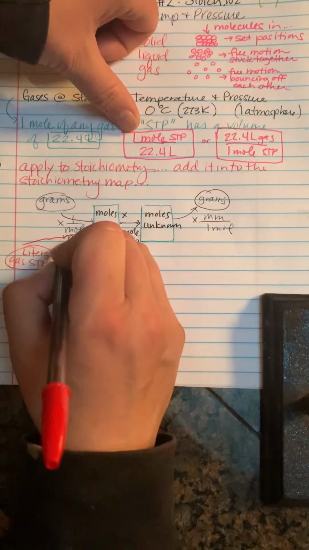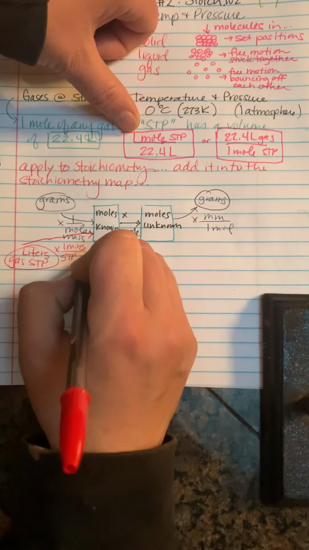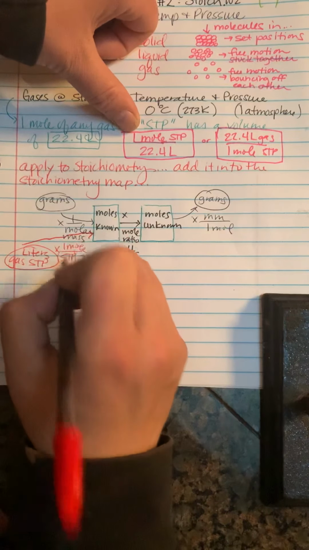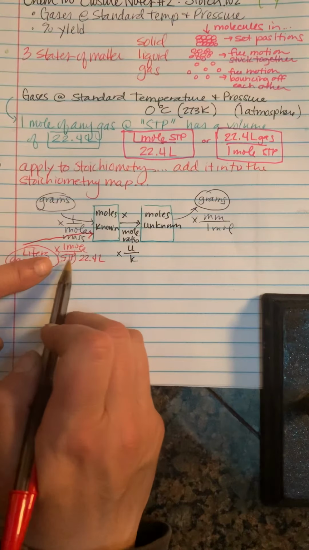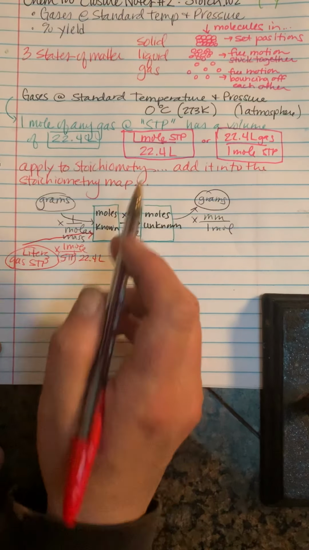If we're trying to get to moles, we would do 1 mole on top, and 22.4 liters on the bottom. I didn't need to write STP in there, but 1 mole at STP is 22.4 liters.